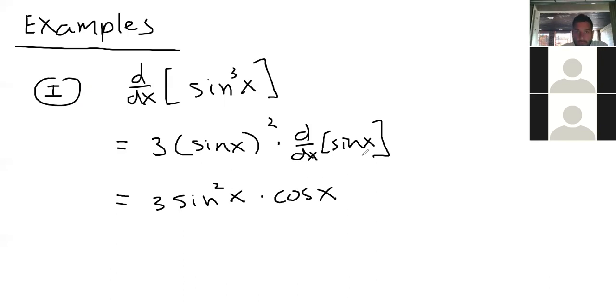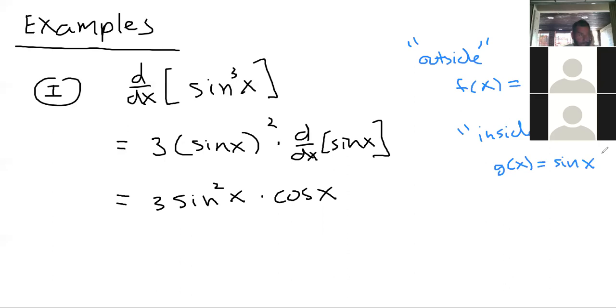So again, let me remind you of what I thought was helpful as a student when I was trying to learn this years ago. Here the outside function is f of x equals x cubed, and the inside is g of x, which is sine of x.